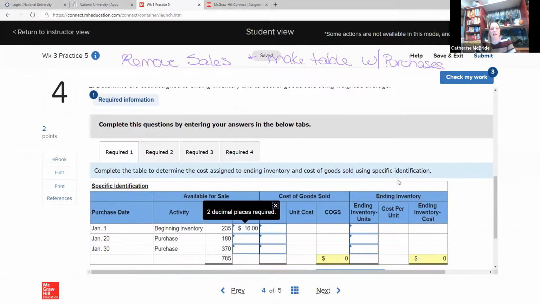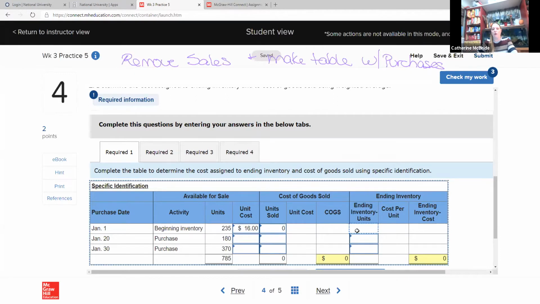So in the beginning, we had beginning inventory, 235 units that we paid $16 a unit for. On January 1st, we haven't sold any units. So in ending inventory, we have 235 units at $16 per unit. So our ending inventory right now would be $37.60.